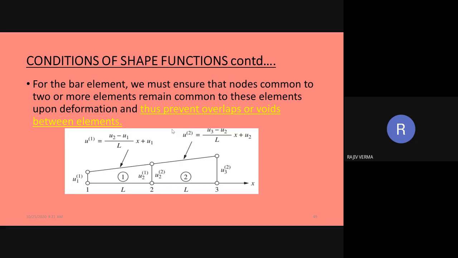Of course, both the elements have a different polynomial which represents the deformation within each element. But the value of deformation at a point which is common to both the elements should be the same from both the expressions.